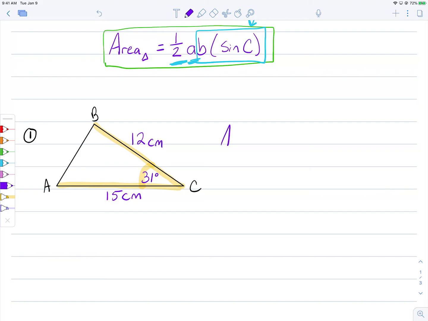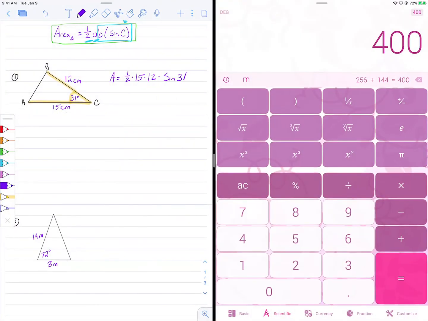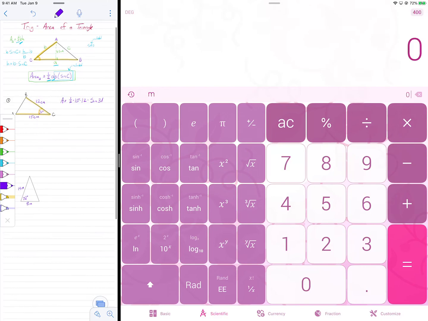So if I want to find the area of that triangle, what I'm going to do is 1/2 times, now a would be considered like the 15, the b would be considered the 12. It's basically the two side lengths that create the angle, and I'm going to multiply that by the sine of 31. So let's get my calculator going here. So we're going to go 1/2, so I'm just going to put that in as a 0.5.